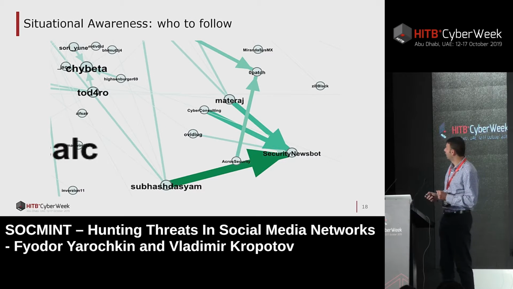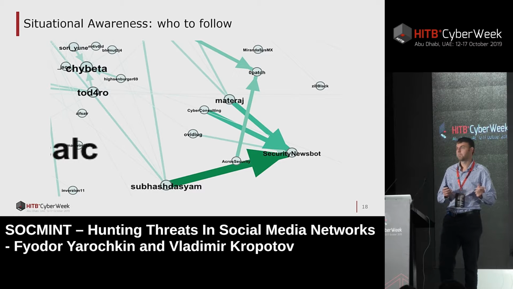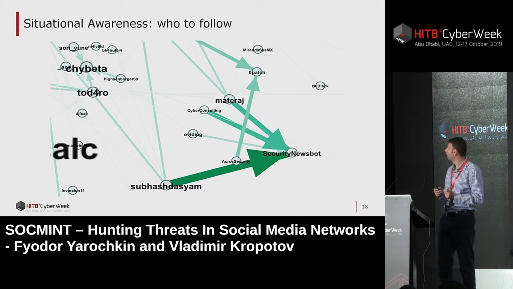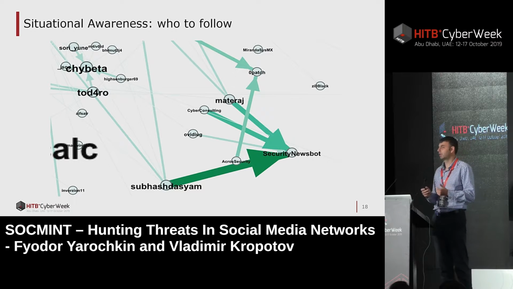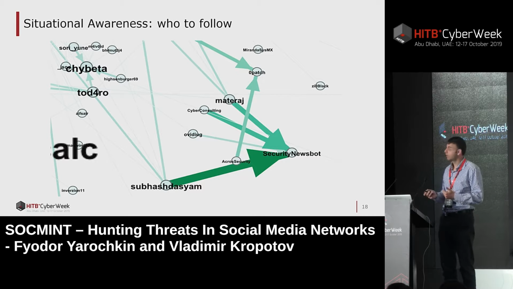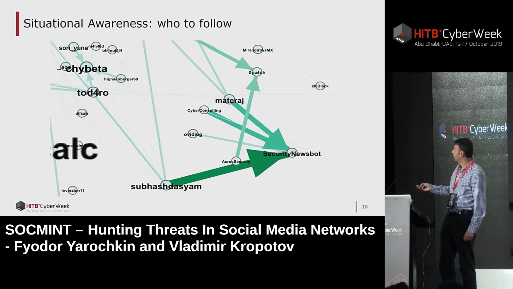Another interesting thing: many security researchers tweet about the same topics, and you can track like 2,000 people at the same time. This is the visualization of the Twitter flows, and you can see, for example, that everything posted by these accounts was almost immediately reposted by the account security newsbot.